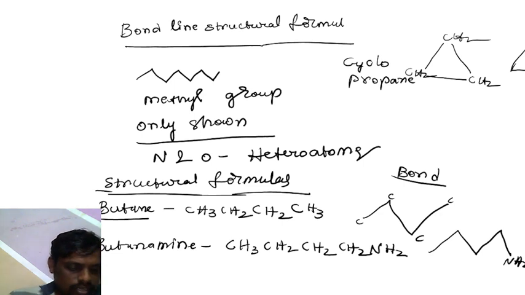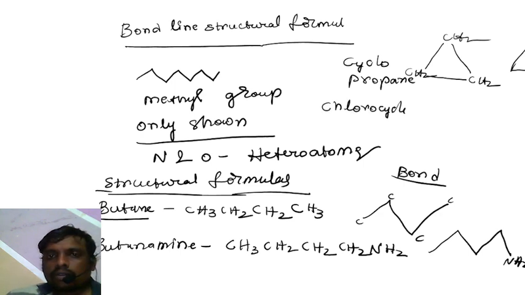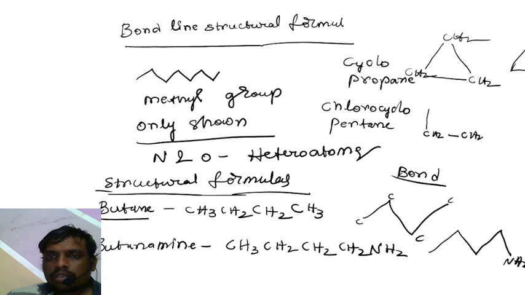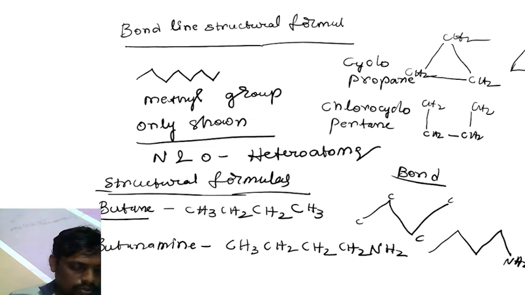Whereas for chlorocyclopentane, another chemical I am taking here, let us take CH2, CH2, CH2, here also CH2, and finally here CH, with chlorine here.